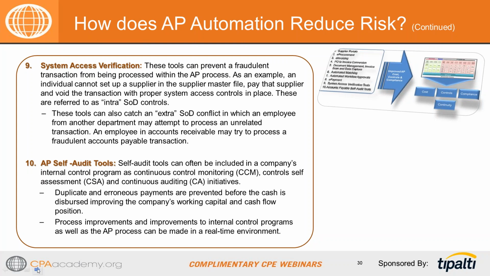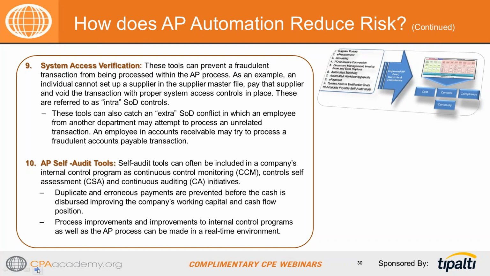So that could be inside AP, that's an intra conflict, or you could have somebody outside your department. So maybe somebody in AR is trying to process an accounts payable transaction, and you want to make sure that those are flagged with reporting tools, and in some cases even sending an alert to the business process owner that there could be some shenanigans going on.